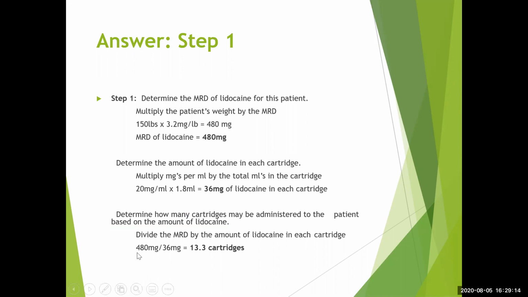So we divide 480 milligrams, which is the MRD, by 36 milligrams, how much lidocaine is in each cartridge, and we discover that we can give this patient 13.3 cartridges. That's just based on the lidocaine. Remember, there's vasoconstrictor in there as well, so don't go giving this patient 13.3 cartridges just yet.